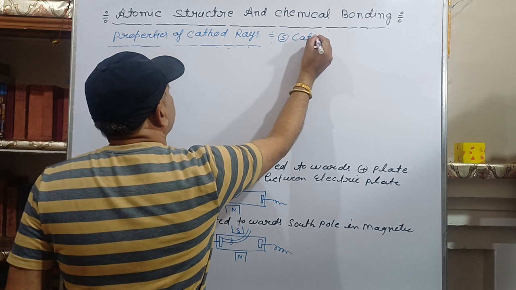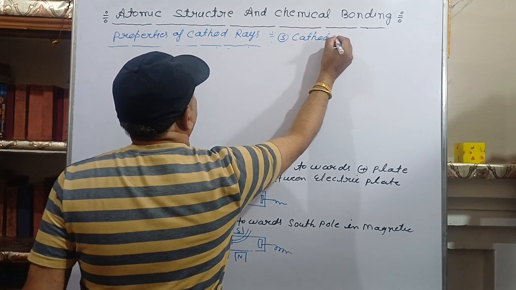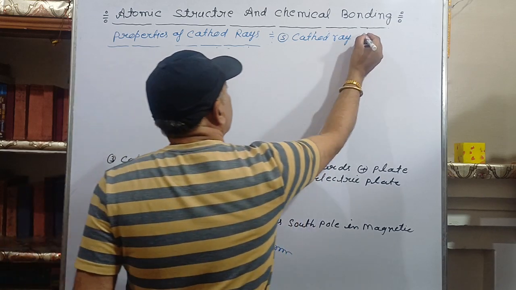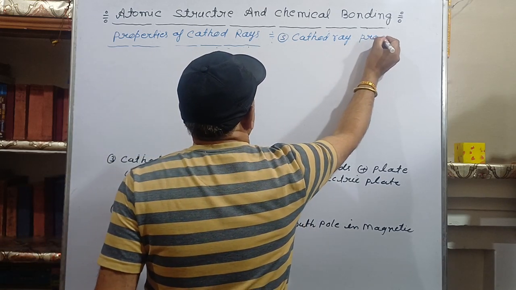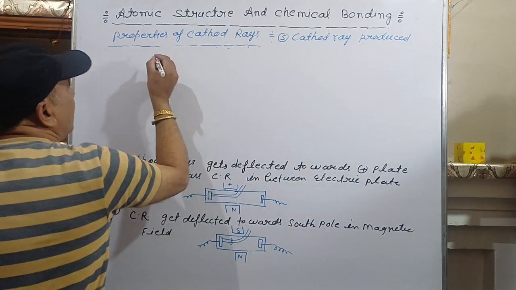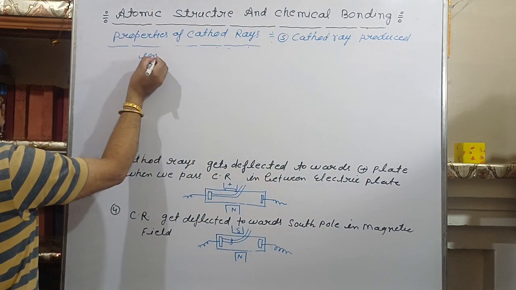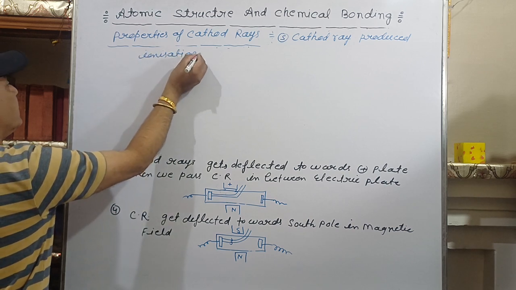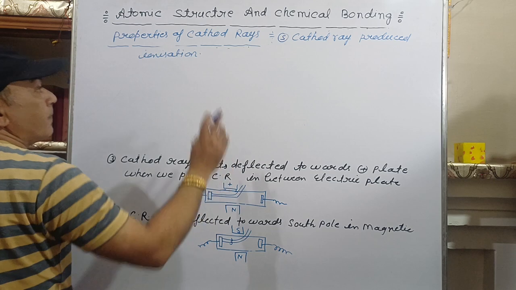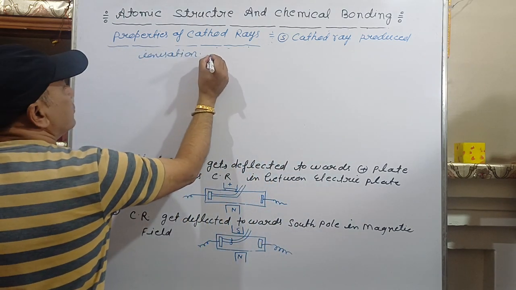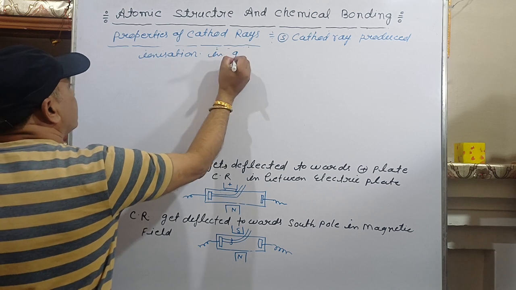Cathode rays produce ionization in gas. What is ionization? The formation of ions from an atom is called ionization. Cathode rays produce ionization in gas.